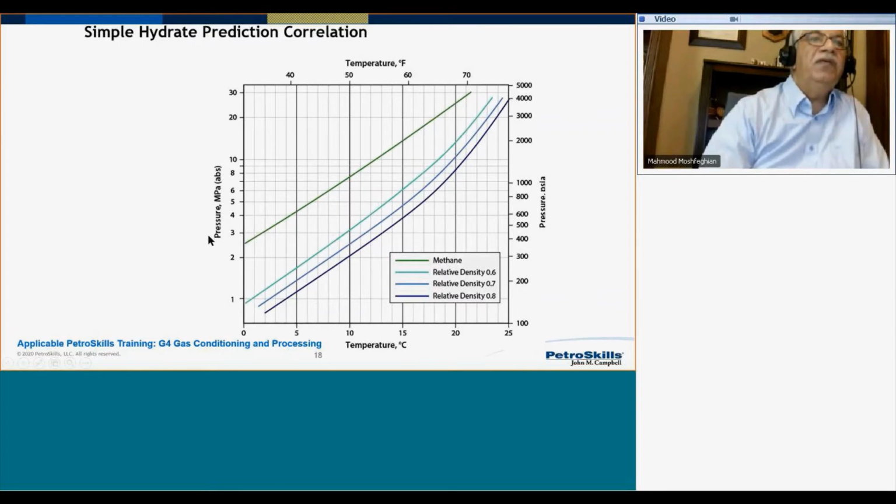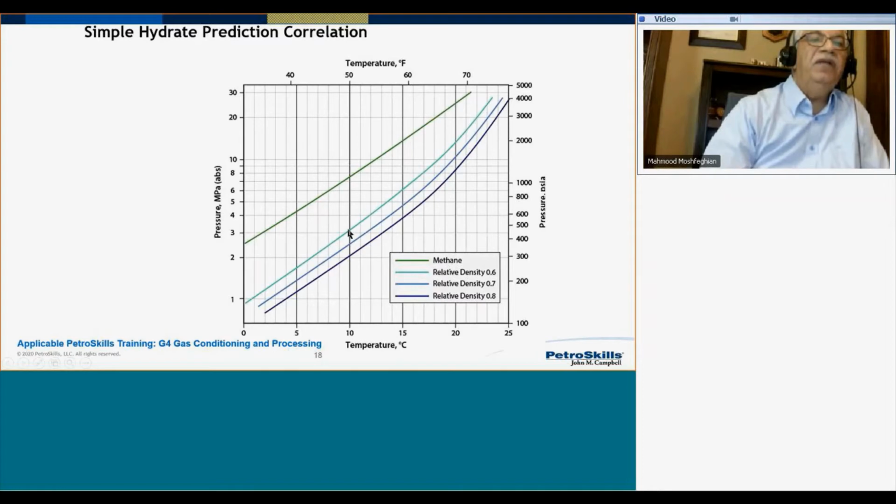So here's the simple hydrate prediction correlation. I should say the simplest one. The vertical axis is pressure, and notice the scale is logarithmic. On the left-hand side, we have SI units, and the right-hand side is FPS units in psia. And these are for different relative densities of gas. The top one is methane with relative density of 0.55.